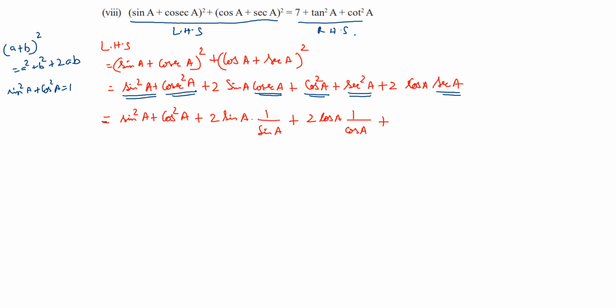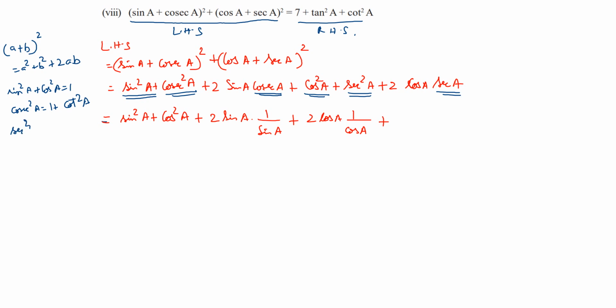So cosecant square a is equal to 1 plus tan square a, and secant square a, sorry, formula is wrong. Cosecant square a is equal to 1 plus cot square a.